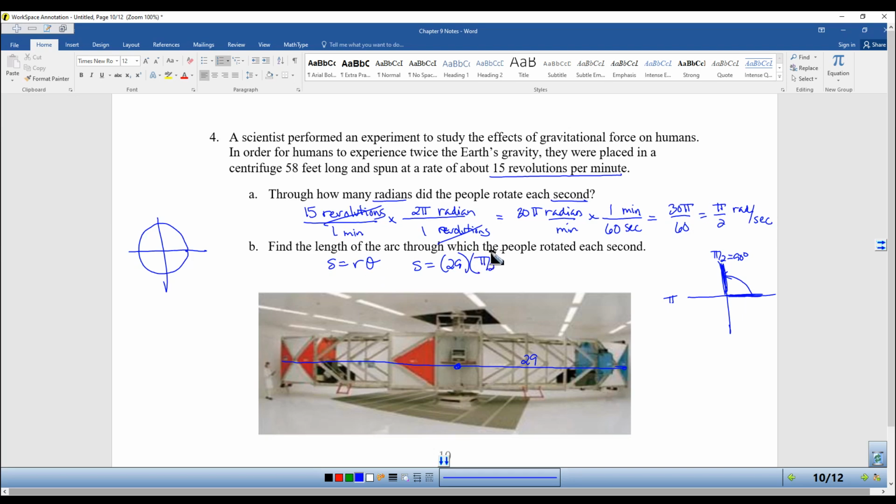So pi halves every second. And that comes out to be, again, I'm going to get rid of my pi now that I actually want to know the length of the arc. So 45.553 feet every single second. That's the length of the arc that they rotate through.